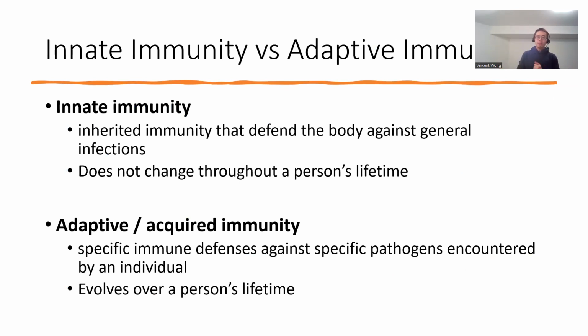When it comes to immunity, there are 2 branches of immunity. We have innate immunity. This is the one that you are born with. You inherit this immunity, and it works right away.